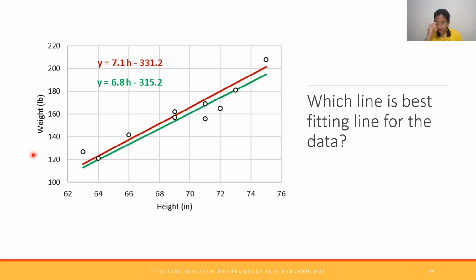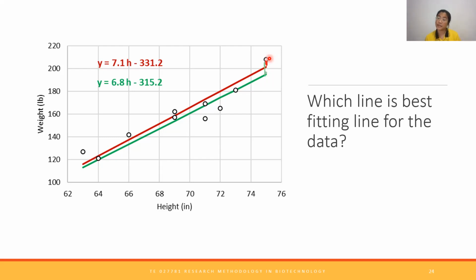Just to show you, taking the example of the last point, the error from the red line is that much, but the error from the green line is that much.